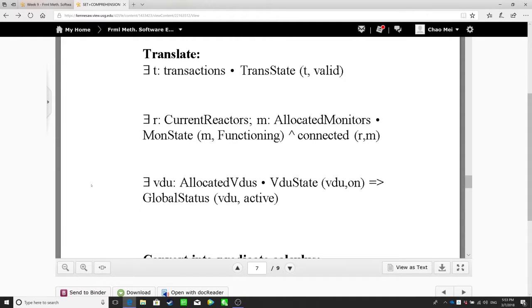Yes. Okay. How about this third one? The VDU thing. I need another volunteer. There exists an allocated VDU such that if VDU state is on, then global status is active.